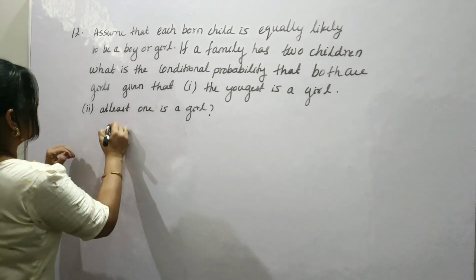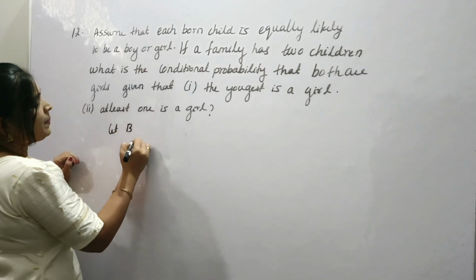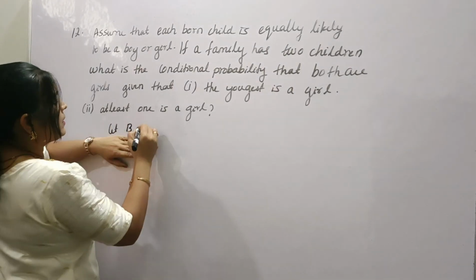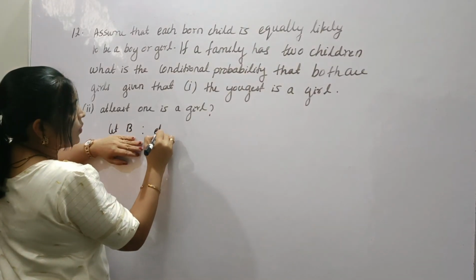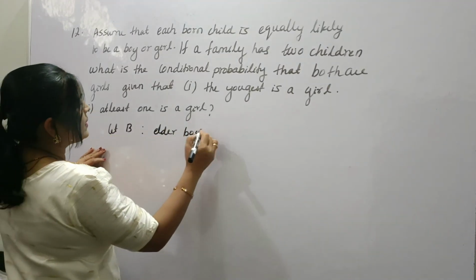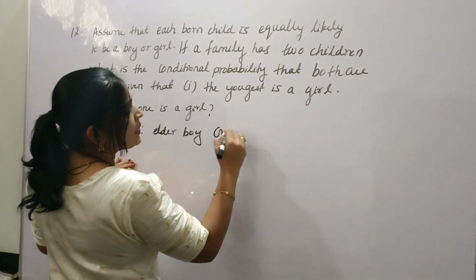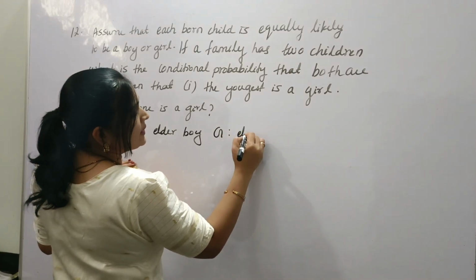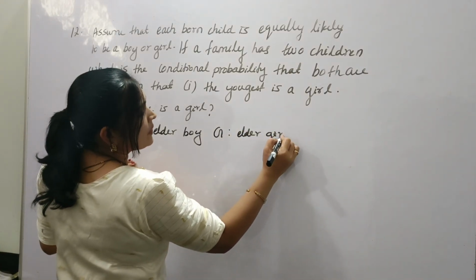Okay, now let capital B be the elder boy, okay, elder boy, and capital G, elder girl, okay.